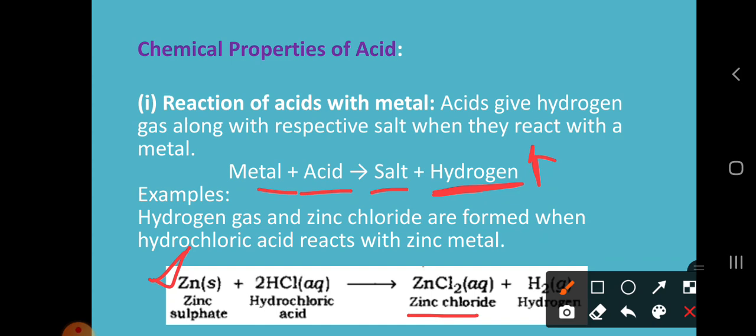So acid gives hydrogen gas along with the respective salt when it reacts with the metal, or you can say when the metal is reacting with acid, it forms the salt with the formation of hydrogen gas. So here we have taken one simple example, Zn and HCl, that is ZnCl2.